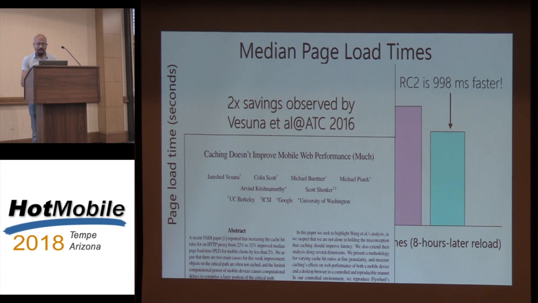Now that paper actually modeled a quote-unquote perfect cache that was infinitely sized and stored all of the data that was marked as cacheable by the server. But note that in that definition of a perfect cache, you can still have alias-based misses. And so that's why our results are much better there.